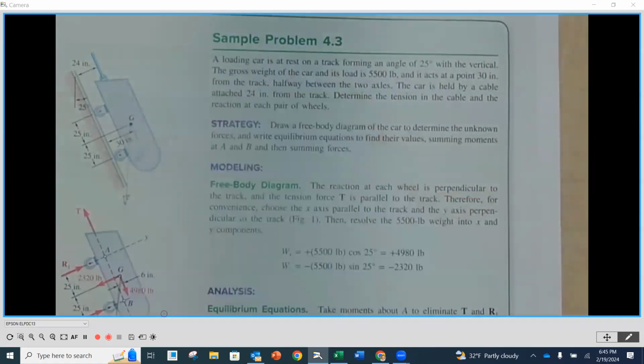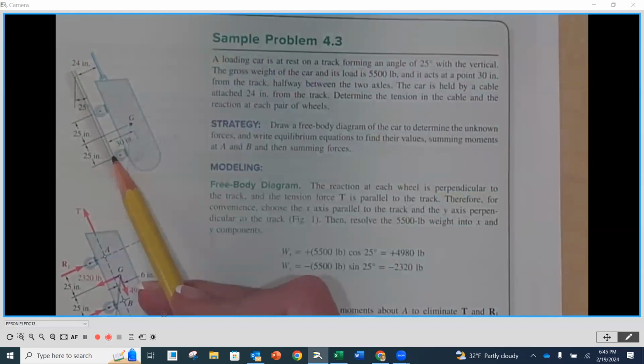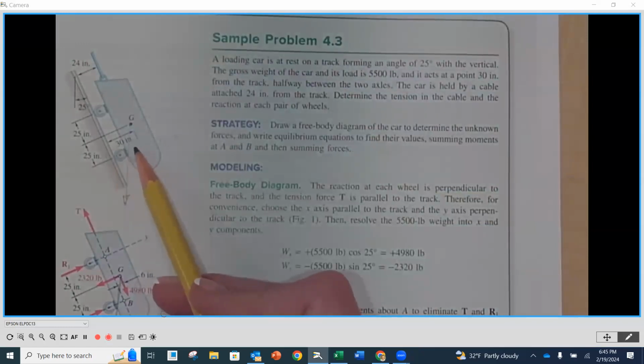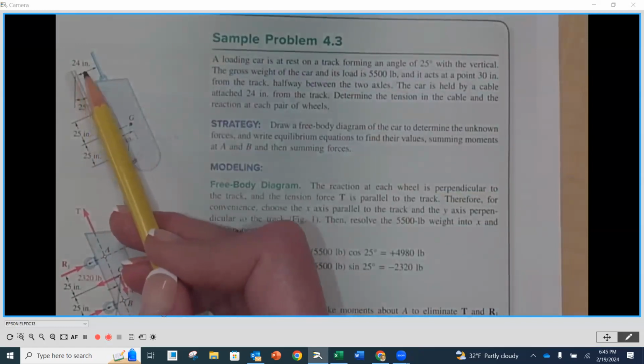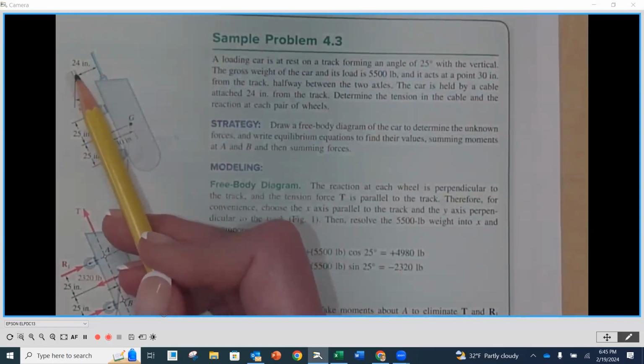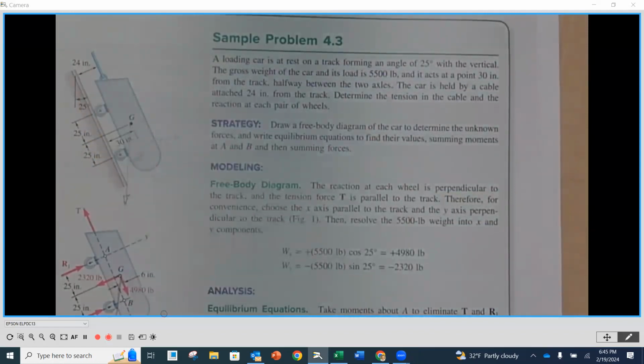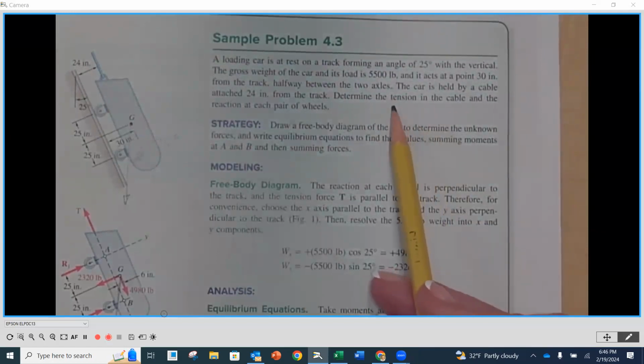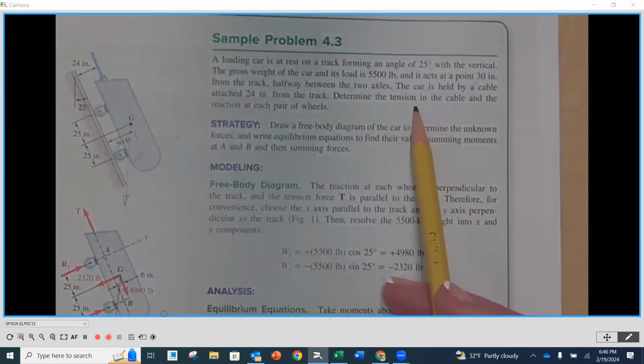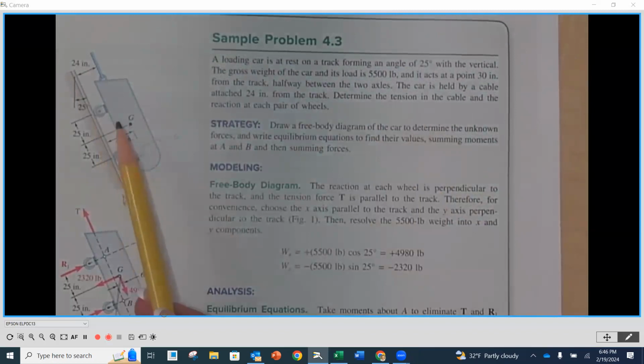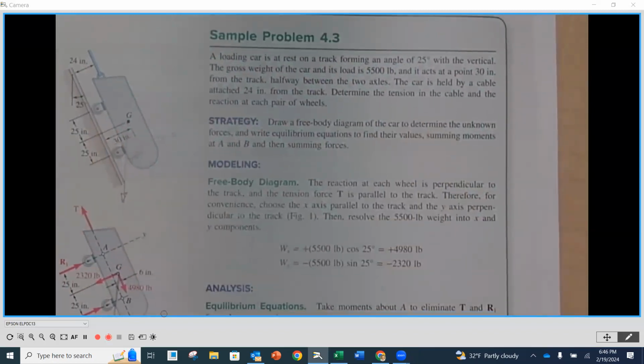It acts 30 inches in from the surface it's riding on, and it's pulled with a cable that is 24 inches from the surface. They want us to determine the tension in the cable and the reaction at each one of the wheels.